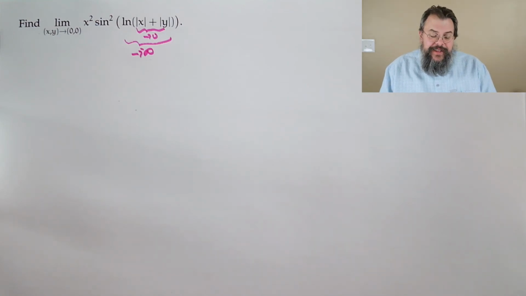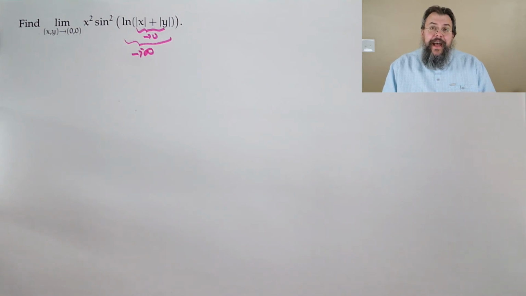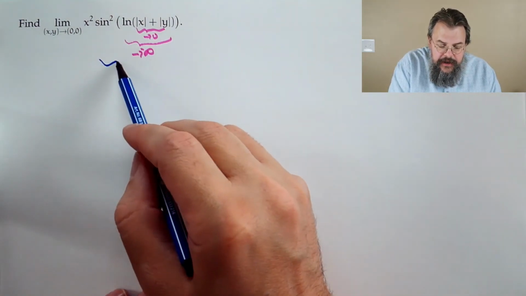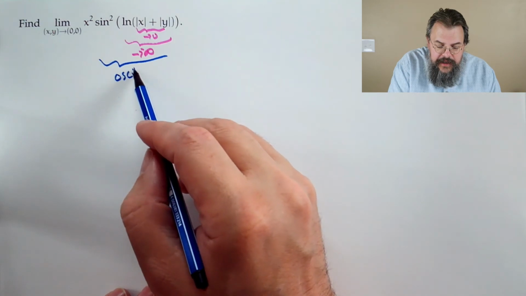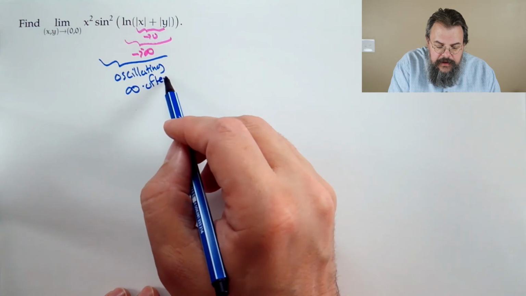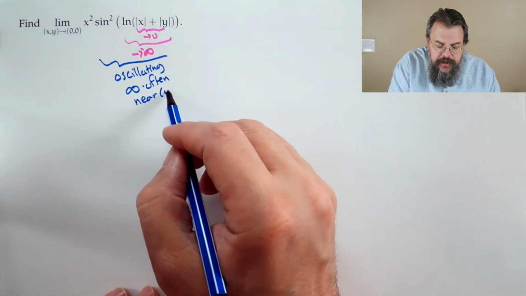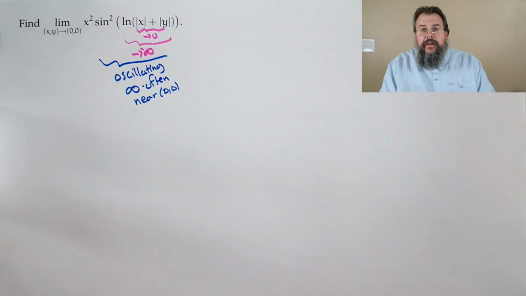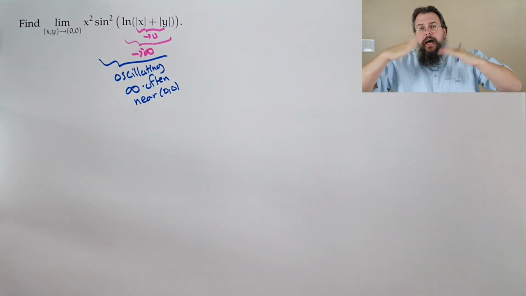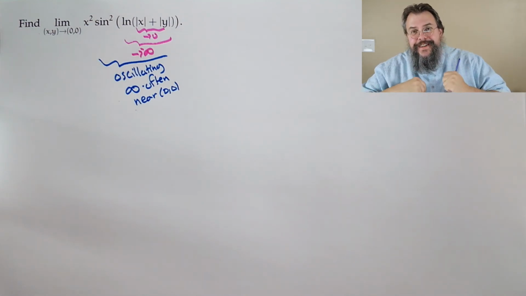So what happens is as we get close to the origin, the inside piece of that sine function is going off towards minus infinity, which means that this part right here is oscillating infinitely often near our point 0, 0. In other words, that sine squared is just going crazy. It's going nuts near the origin.